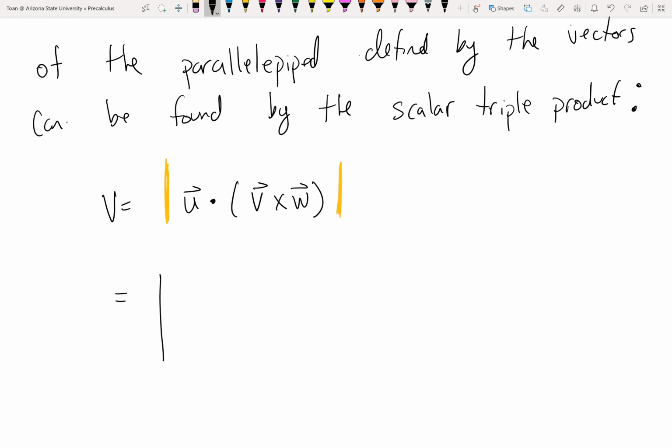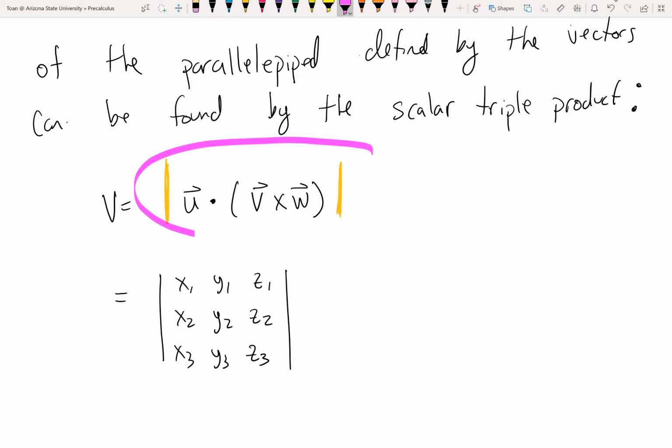So vector u, x1, y1, z1, vector v, x2, y2, z2, vector w, x3, y3, z3. You're going to find out that the computations required for this are 100% equivalent to the computations required for this. But just like with the dot product, it is possible for the determinant to be negative, and since we're solving for volume, we always want to ensure that it's positive. So most mathematicians put a plus or minus on the outside just to ensure that it remains positive. Just use whatever version is necessary to make your answer positive.